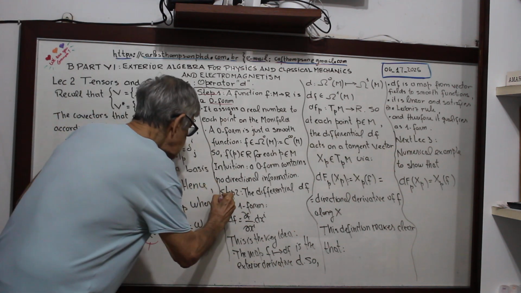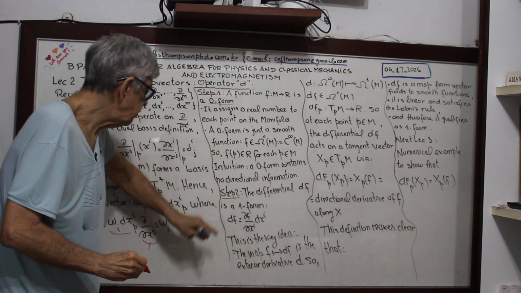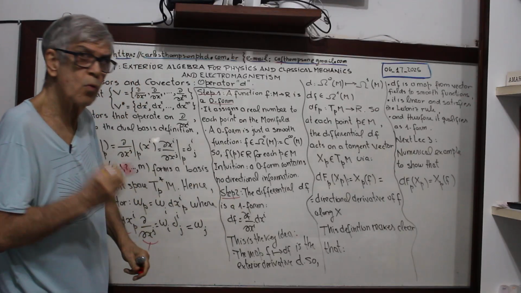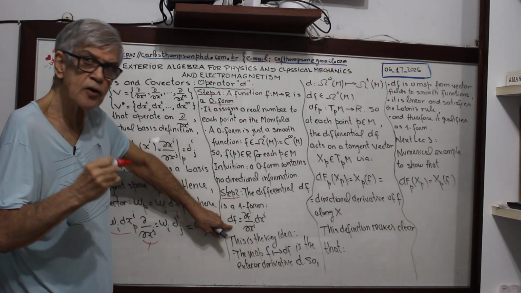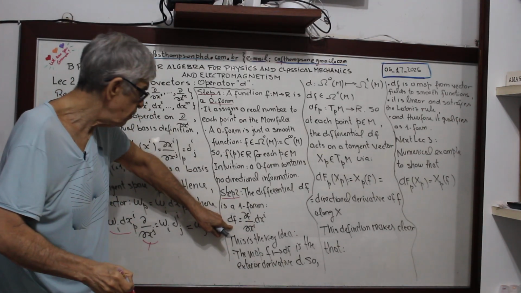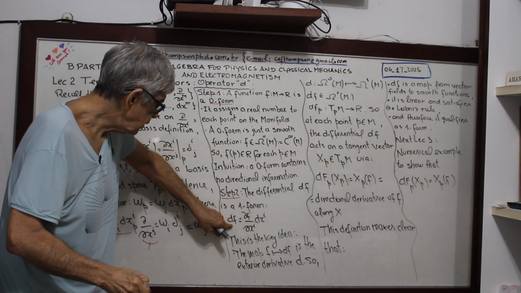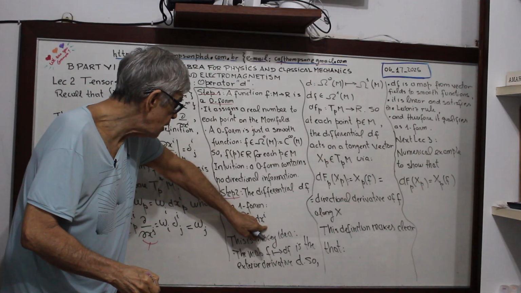This is step 2. The differential df is a one form. Why? If you expand f here, it is a function of x1, x2, and so on to xm. This is df equals partial f with respect to xi, dxi.